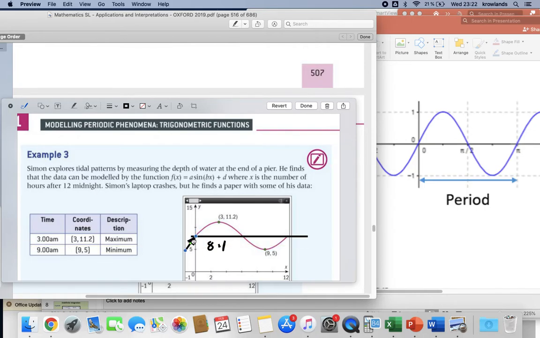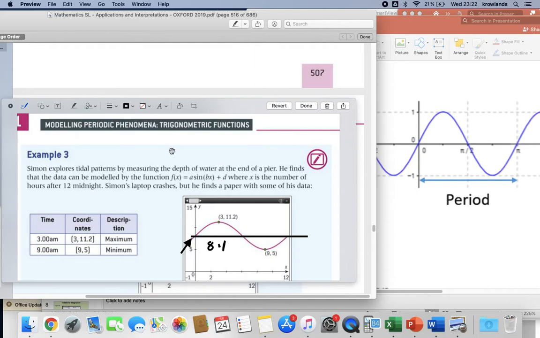You can see this because the midpoint of the graph starts at the y-axis, and the reason why we have this is because we've got no C. If we've got no C, it will start here. Therefore, our principal will be the y-intercept. Our y-intercept, therefore, is 8.1, so this is going to be D.